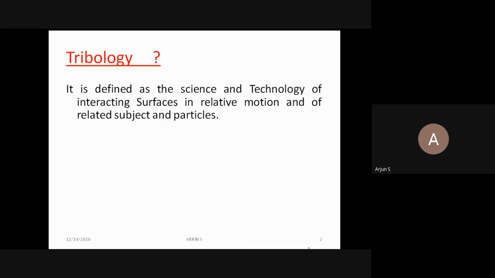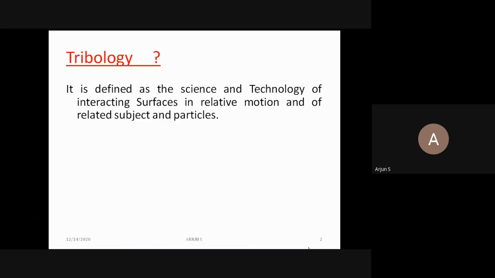It might be the chemistry of lubricants, contact mechanics, material science, physics of fluid flow, mathematics, or mechanical engineering. So it is multidisciplinary in nature. It is actually pretty difficult to understand tribology.